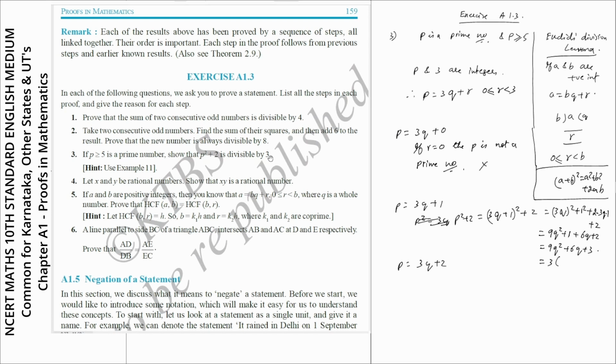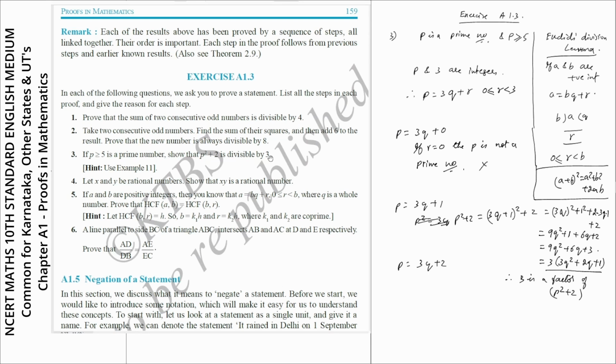If I take 3 common, in the first term I'll be left with 3q square, in the second term I'll be left with 2q, since 2 3s are 6, and here 1 I'll be left. So what does this mean? This means 3 is a factor of p square plus 2. Therefore 3 is a factor of p square plus 2.